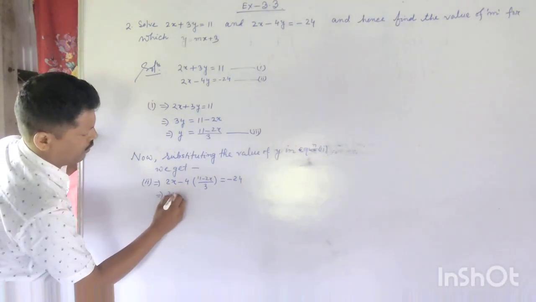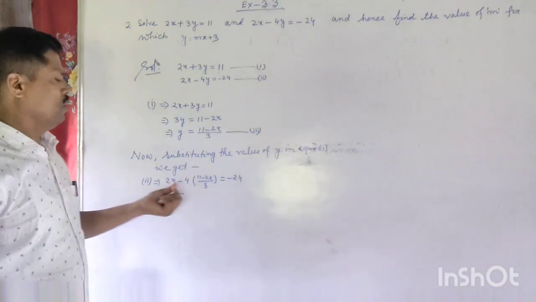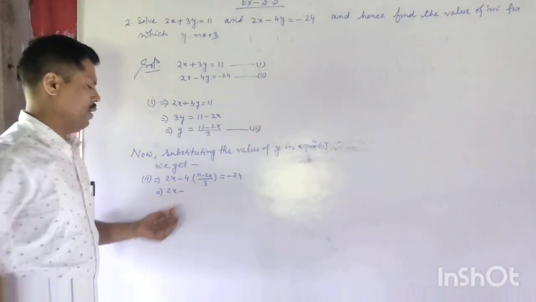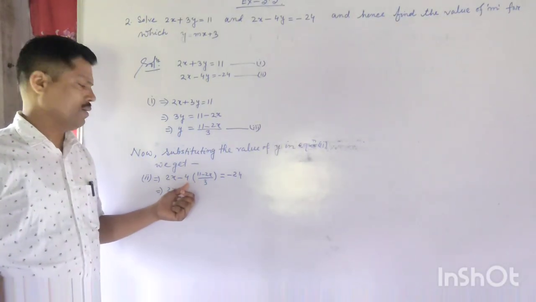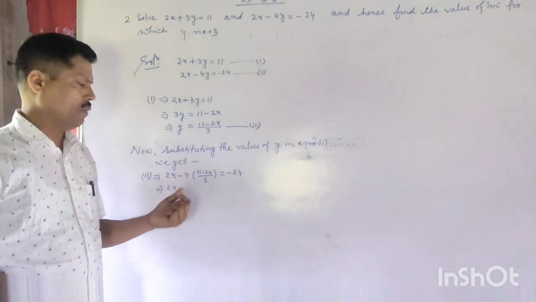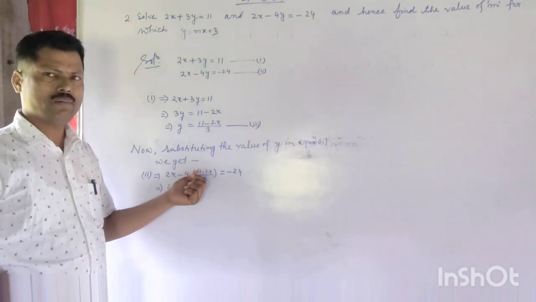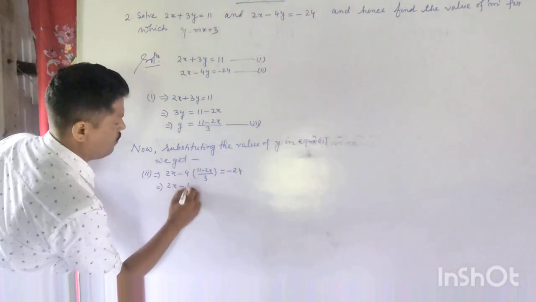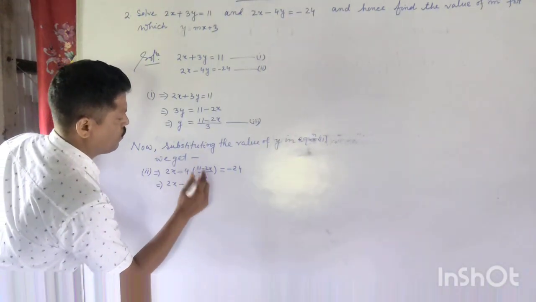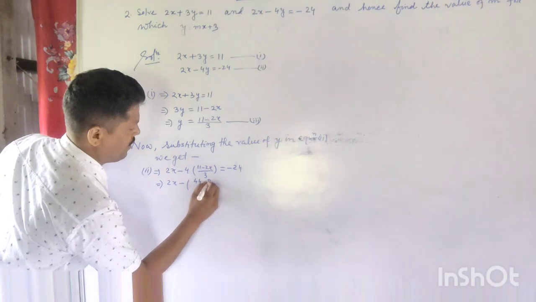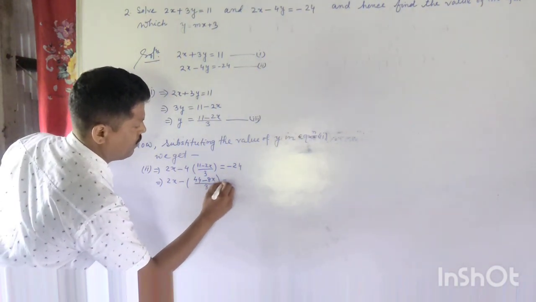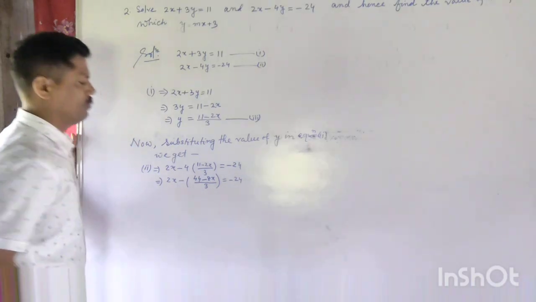Now 2x minus 4 is multiplied with this numerator part, and in the denominator part having 4 is 1. 1 into 3 means 3, and 4 into this numerator part, then 4 into 11, that is 44. 4 into 2x, that is 8x, divided by 3 is equal to minus 24.